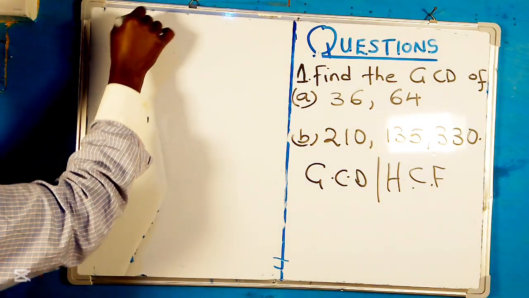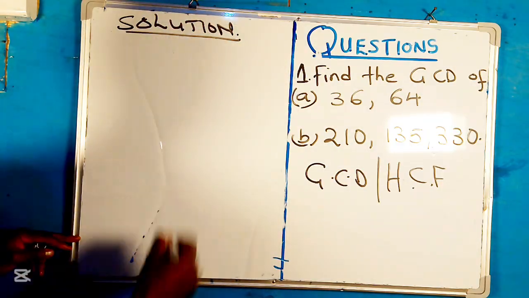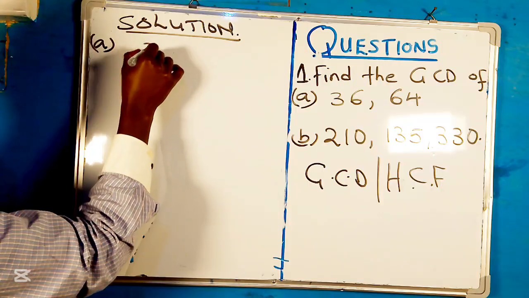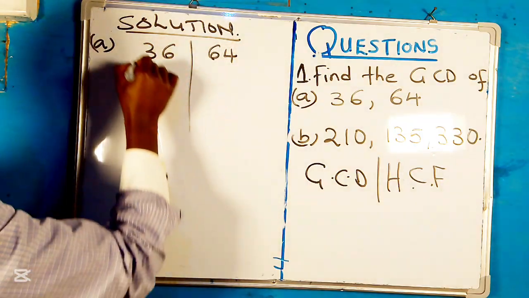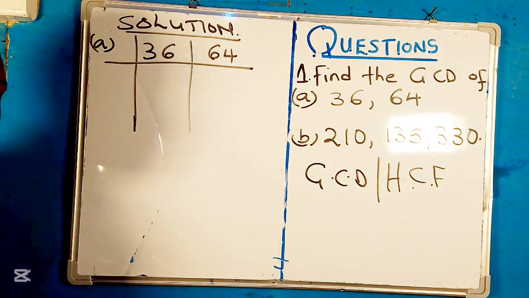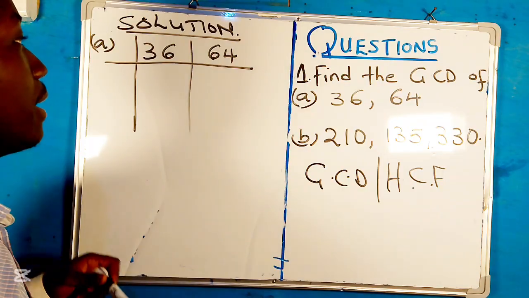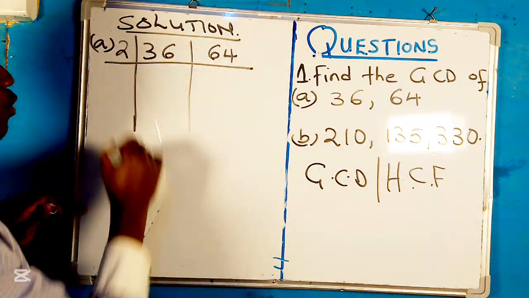So in our solution part, the first one is 36 and 64. For us to find the greatest common divisor, we start with the lowest number that can be used to divide the two, and that will be 2.